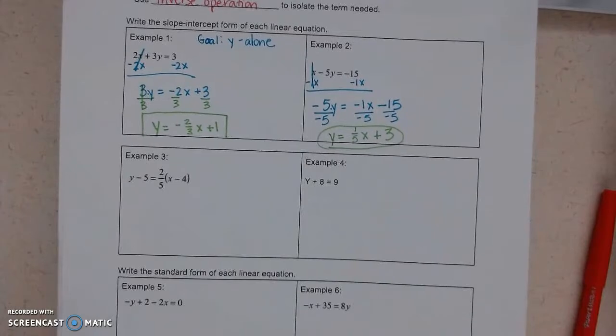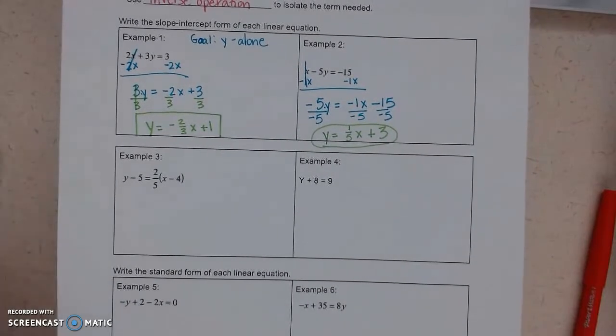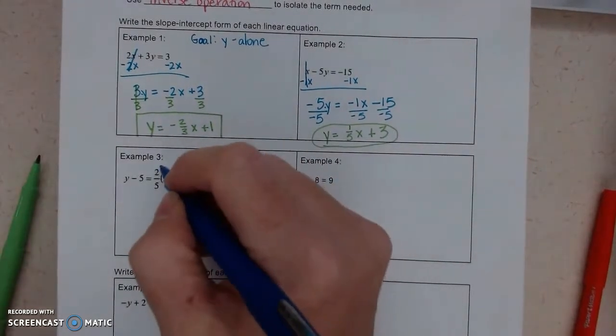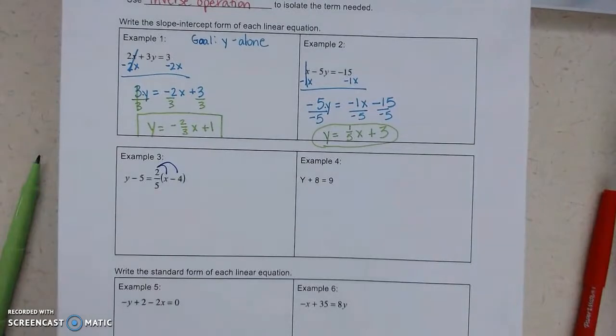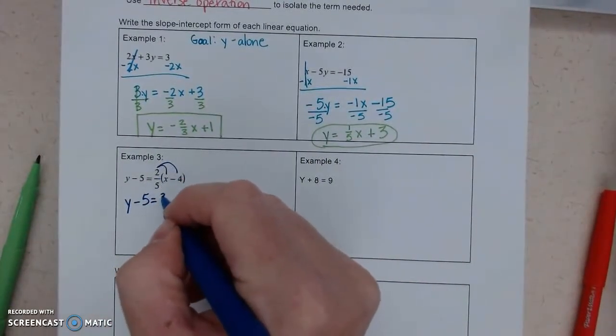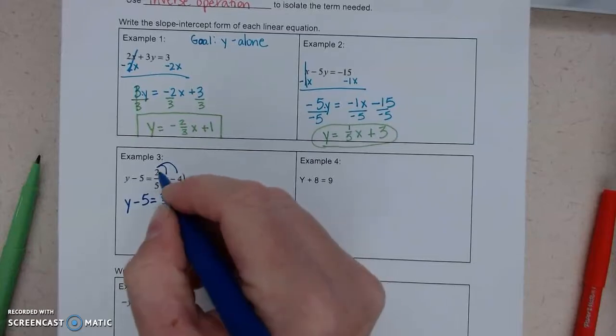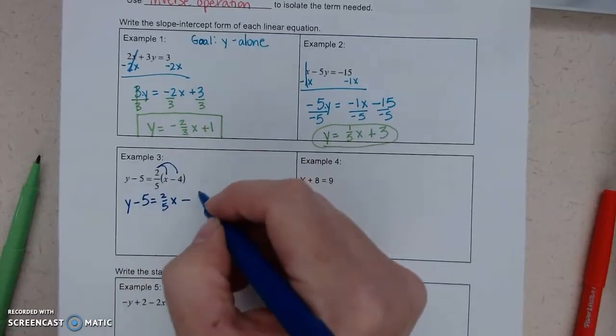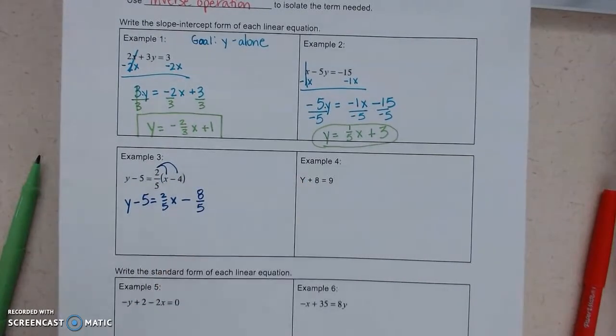On examples 3 and 4, there's a little bit of simplifying that needs to happen first. So we are going to distribute the 2/5 x. So I get y minus 5, 2/5 times x, and then 2/5 times 4 is 8/5.